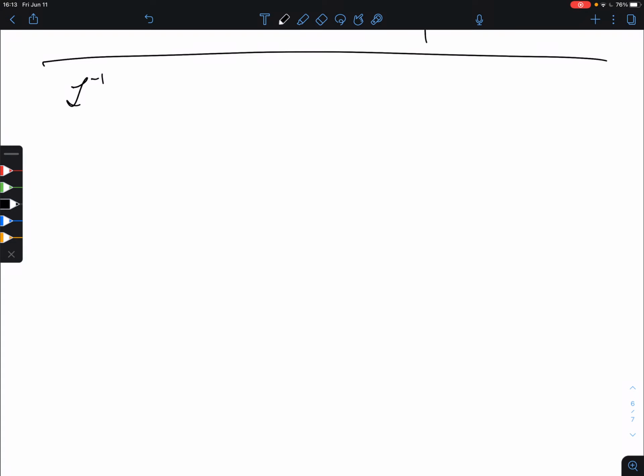I thought I'm not going to work it out, but let me work it out because it's good to see this. So the function I'm looking at is this one here, F of s. I want the transform of this one.